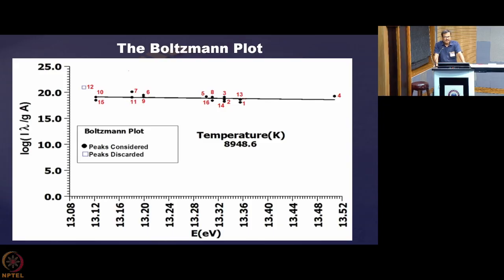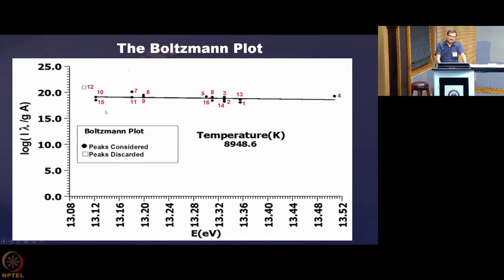Whenever a transition involves some lower-lying energy levels, it may not exhibit the kind of equilibrium you are looking for, because the system is not exactly in LTE for those lower-lying energy levels.